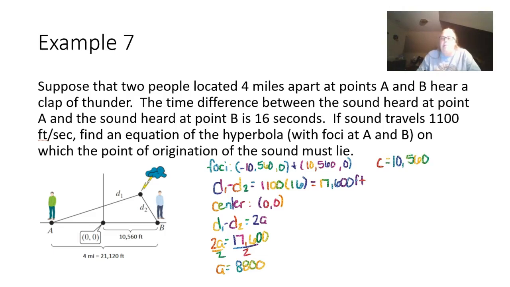We can now find our b by using c squared equals a squared plus b squared. So 10,560 squared is equal to 8,800 squared plus b squared. And after we put this in the calculator, we're going to figure out that b is actually equal to 5,837.